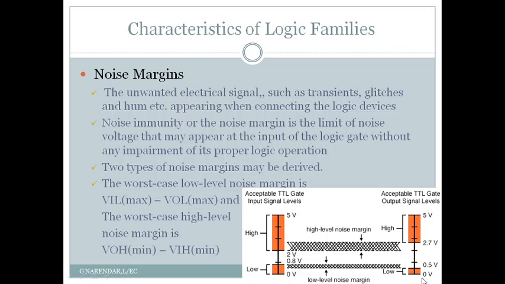So if a circuit has a high signal whose minimum voltage is 2.7 volt, then this signal will be treated as a high input signal even though its minimum voltage level is 2 volt. For this 2.7 volt signal, even if a noise of minus 0.7 volt is added, it becomes 2 volts when taken as input by the second circuit.